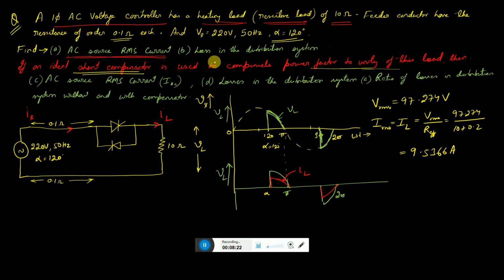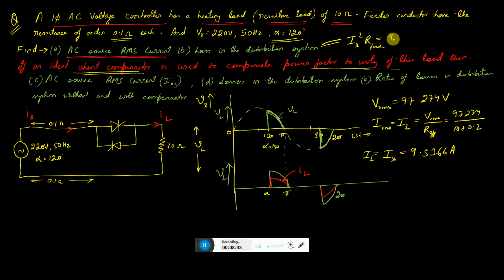Another question is the loss in the distribution system. This IS is also the same as IL. So the losses in the distribution system is IS squared into R, where R is the R of the feeder.